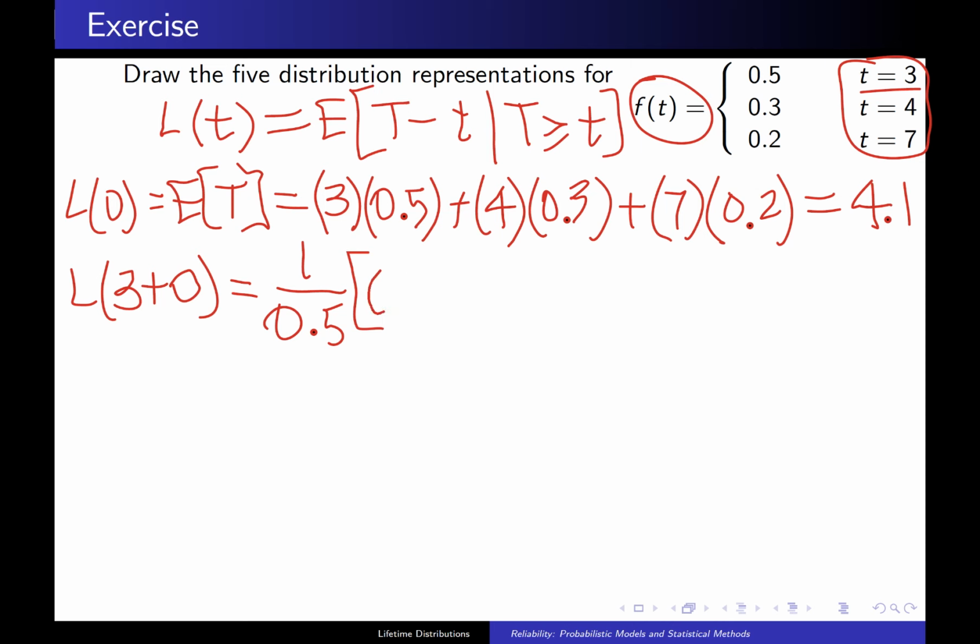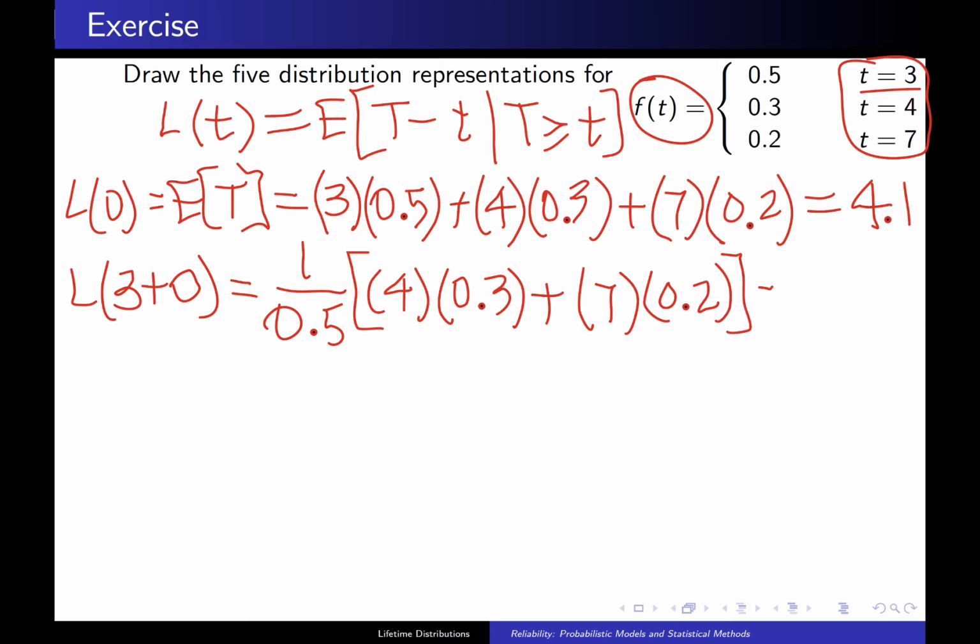And in this case, we have 4 multiplied by 0.3. The mass value of 3 is out of the picture now, plus 7 times 0.2. And here's the part that's easy to forget. This is mean residual life, so we subtract out 3 from that quantity. When you work out the arithmetic here, this turns out to be 2.2.